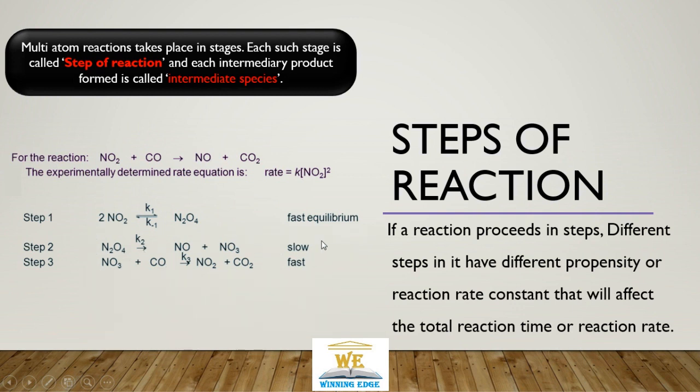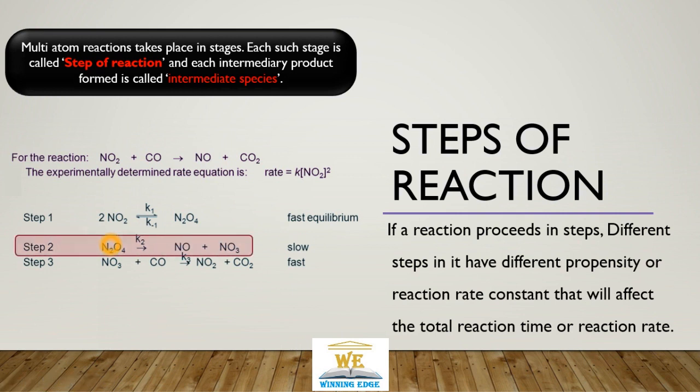This governs the rate of reaction. It doesn't matter how fast the others can happen. As soon as nitric oxide and nitrogen trioxide are formed, the nitrogen trioxide immediately converts carbon monoxide into carbon dioxide. But it happens only when the tetroxide decomposes. So this is the rate determining step.